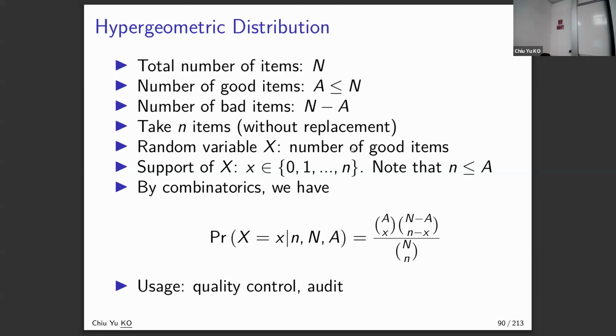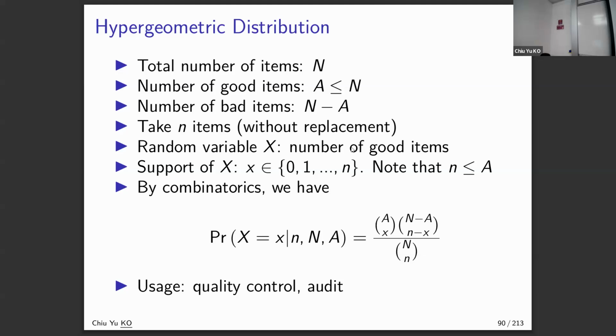Then how likely is it that I end up with x? The way to do it, which we don't ask you to produce in this class, is just this idea of combination. Because you have N items and you pick n out, it's N choose n in the denominator. Do remember that this doesn't count the order. Of course you can use permutations, but there will be no difference.